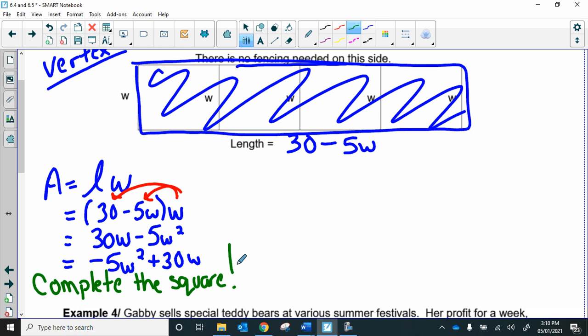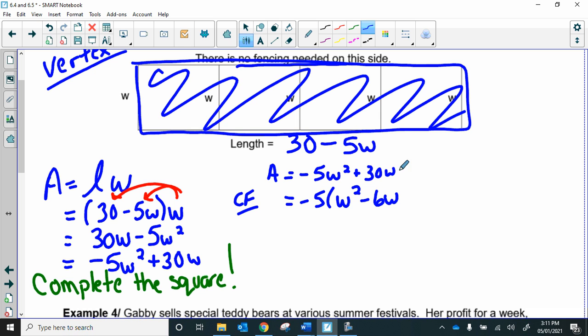Complete the square. All right, so let's start off up here. We got negative 5W squared plus 30W. When we're completing the square and you have an a value out front, we need to common factor that a value out of the first two terms. So we're taking that negative 5 out. We're going to divide 30 by negative 5 to give us negative 6.